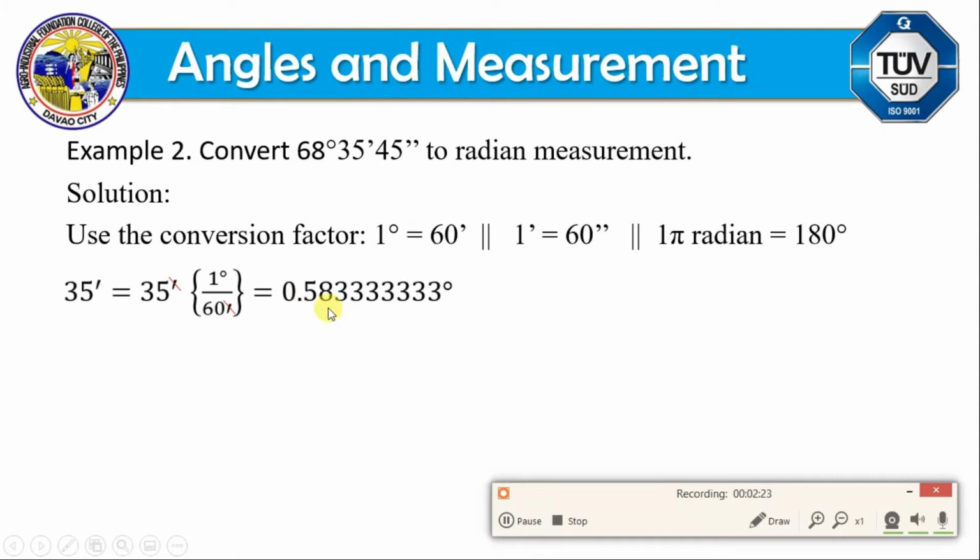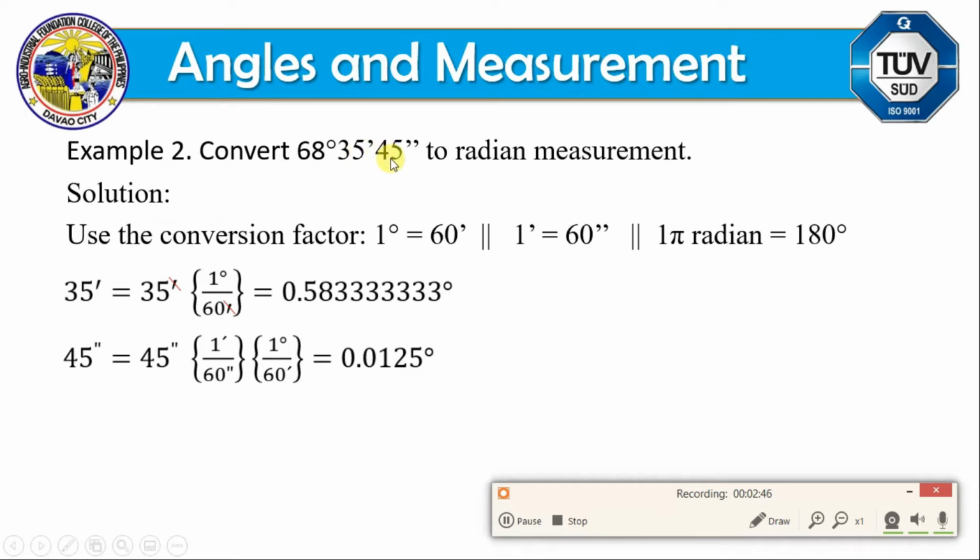If you have your calculator now, you can check that 35 divided by 60 is actually equal to 0.5833333 degrees.